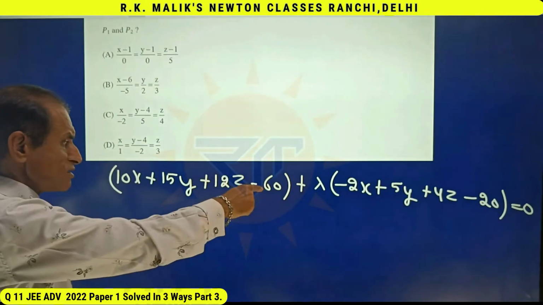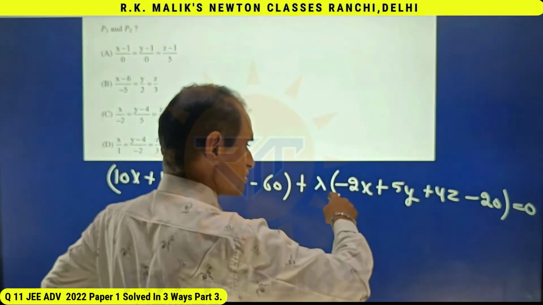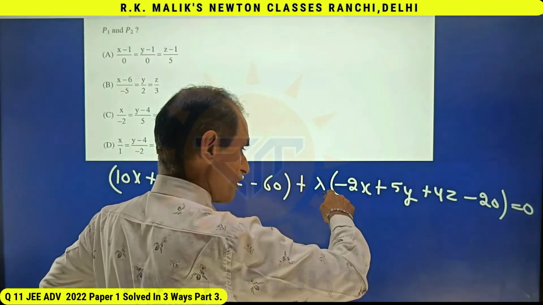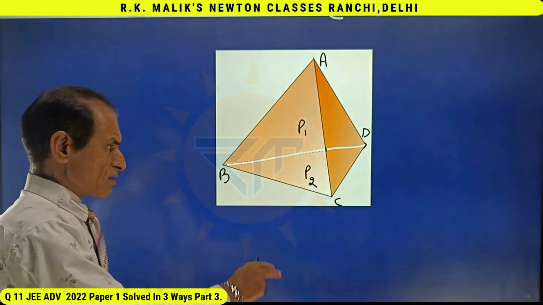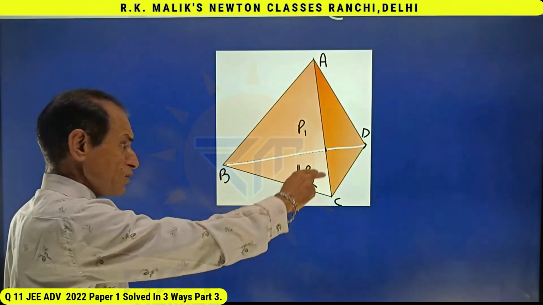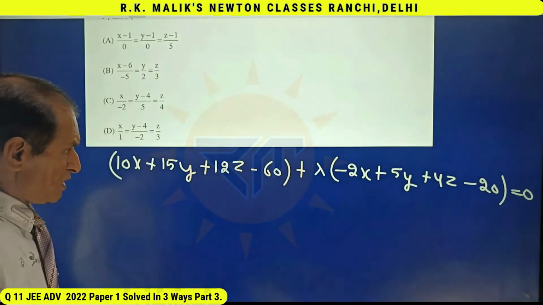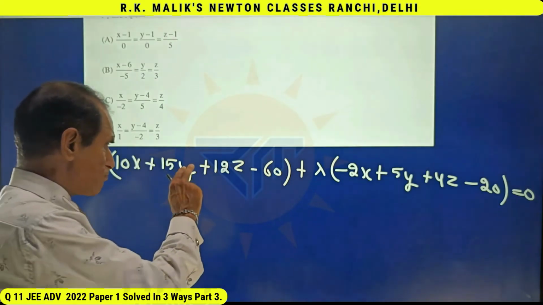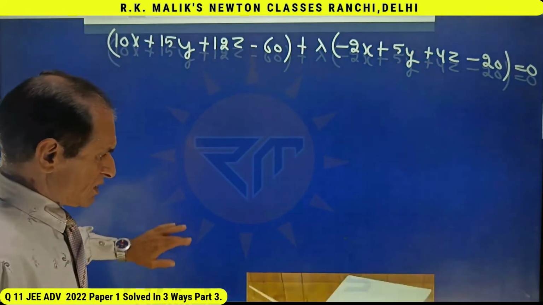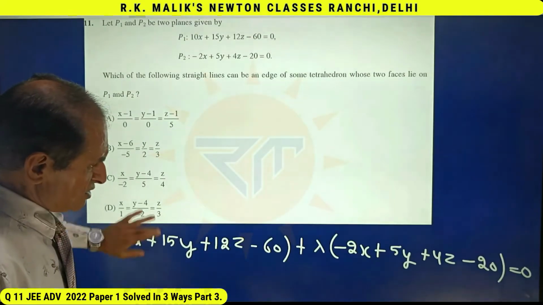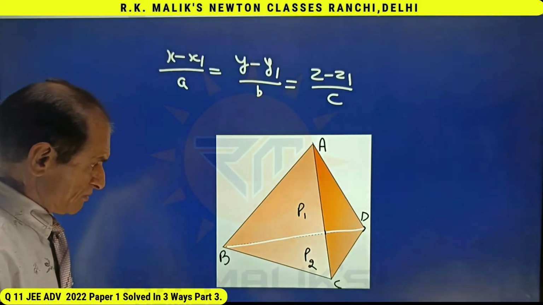If this part is non-zero and this part is 0, that is, the value of lambda is of the form non-zero upon 0, it will mean that the line is of the form BC or CD. If I put this line in this plane and I get both as 0, it will mean that that line represents the line BD.